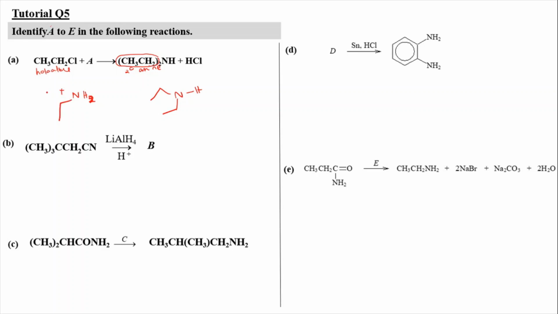So you can imagine it to be like CH2Cl, and this is your nucleophile. So your nucleophile is going to attack here, and then the haloalkane is going to break the bond.